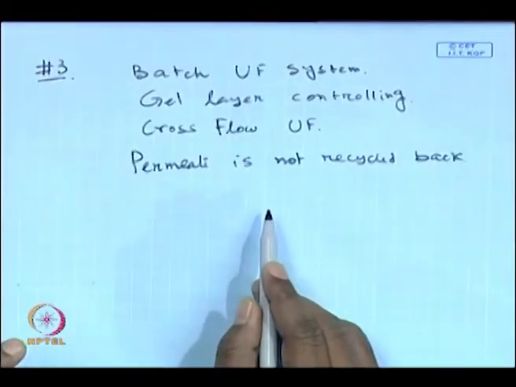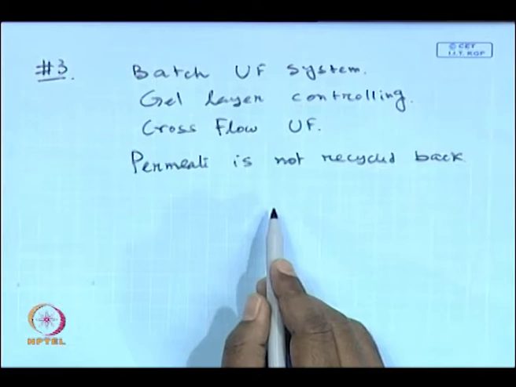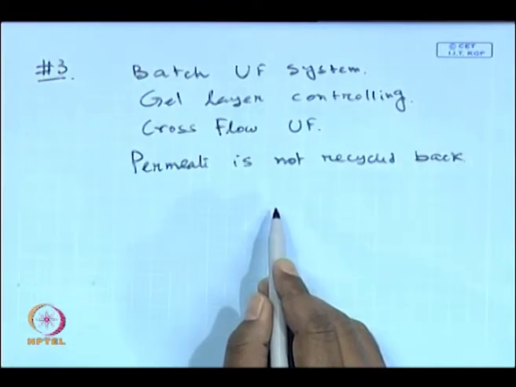Now, in this case, permeate is not recycled back, which means you are extracting mostly water out of it. In a gel polarization controlled process, the permeate concentration will be almost 0, it will be almost pure water. So, you are extracting water out of the solution, the feed sample. Therefore, the feed is going to get concentrated all the time. Okay.